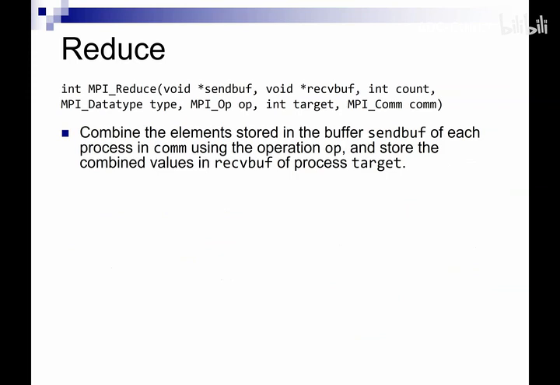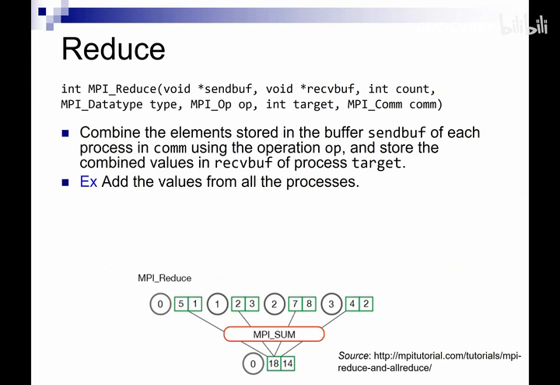Okay, so next we have this operation called reduce. Let's just go with this example over here. What's going to happen is that suppose every process has some data. Every process in my communicator starts out with, in this example, an array over here. What I want to do with reduce is to collect all this data at a single node.